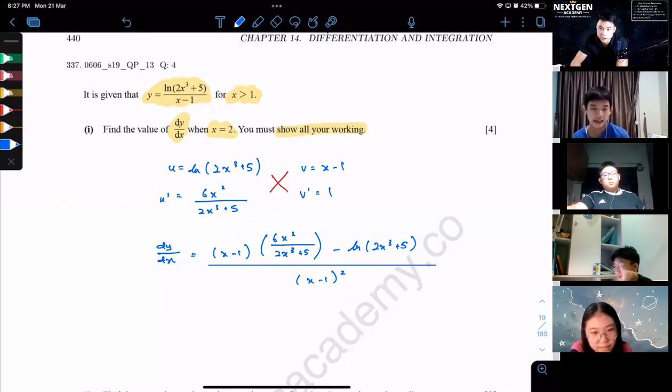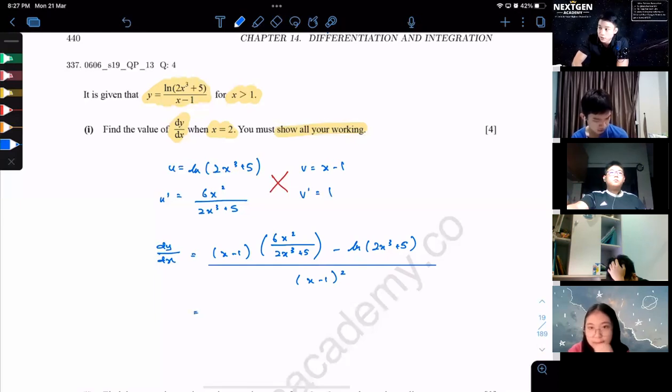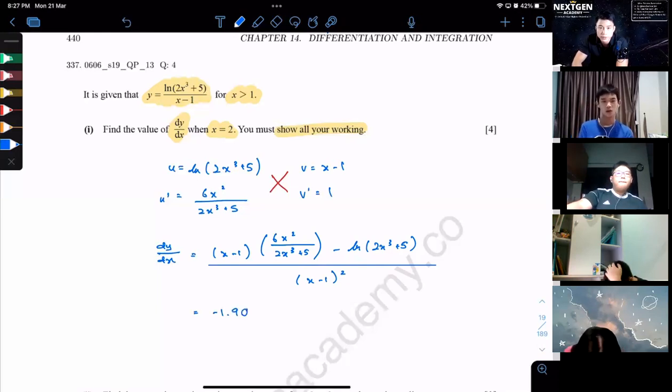For me, I wouldn't waste my time writing it in exact value. Just type it in, get the value, unless they ask you to present it in exact value. Otherwise, you get negative 1.90. Okay, all can?